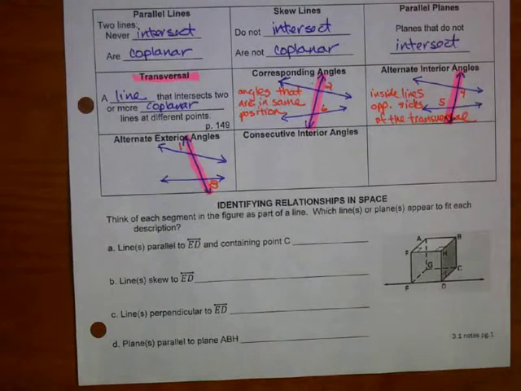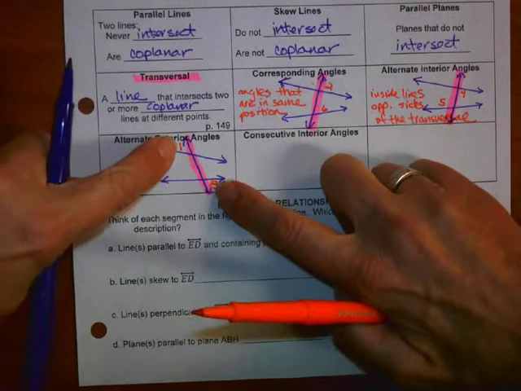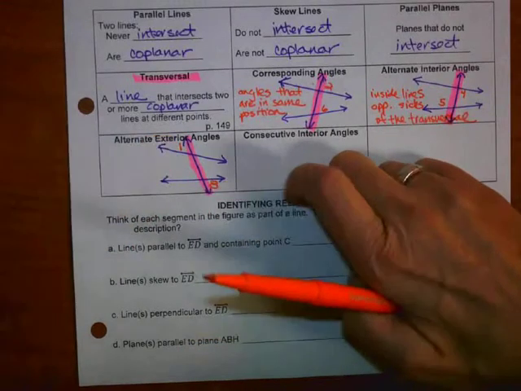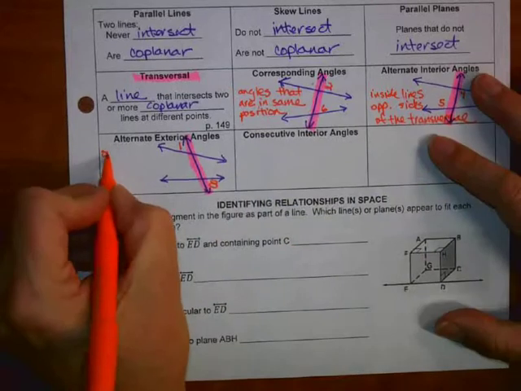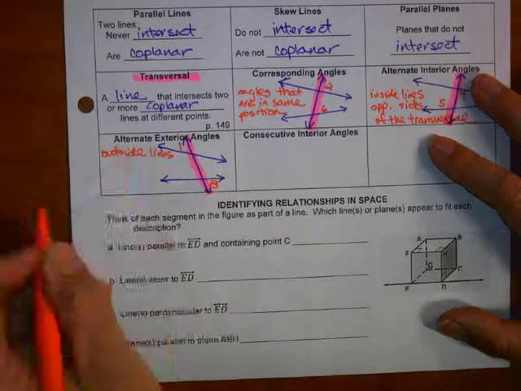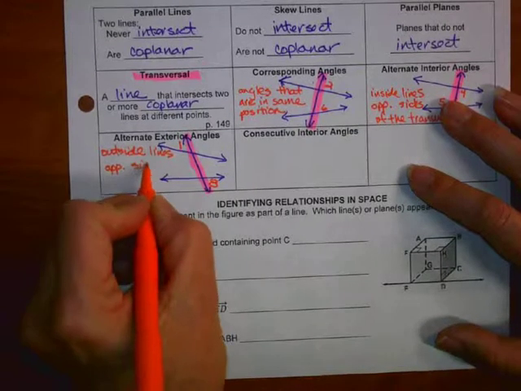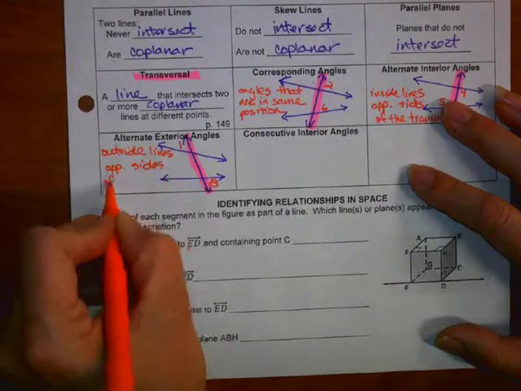Alternate means what? Opposite side. Okay, and exterior means what? So it's outside the two lines, but on opposite sides of the transversal. Okay, so I might say something like outside the lines and opposite sides of the transversal.